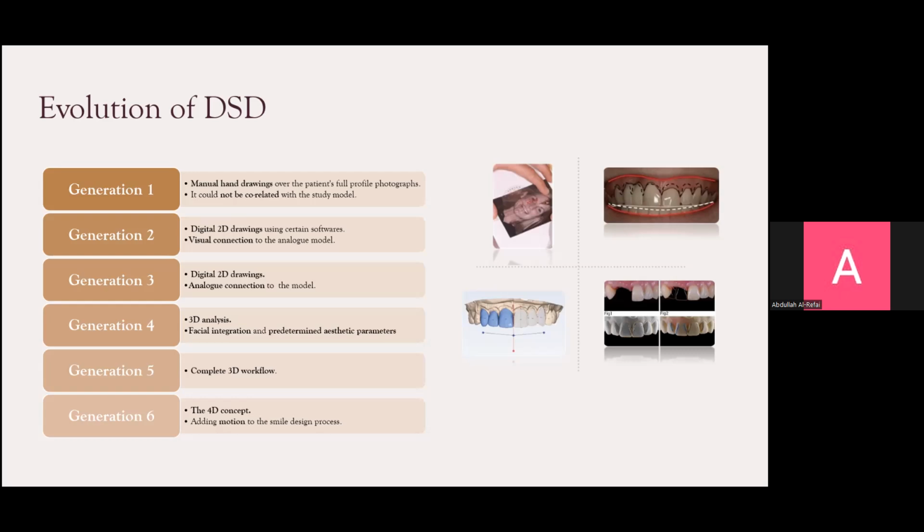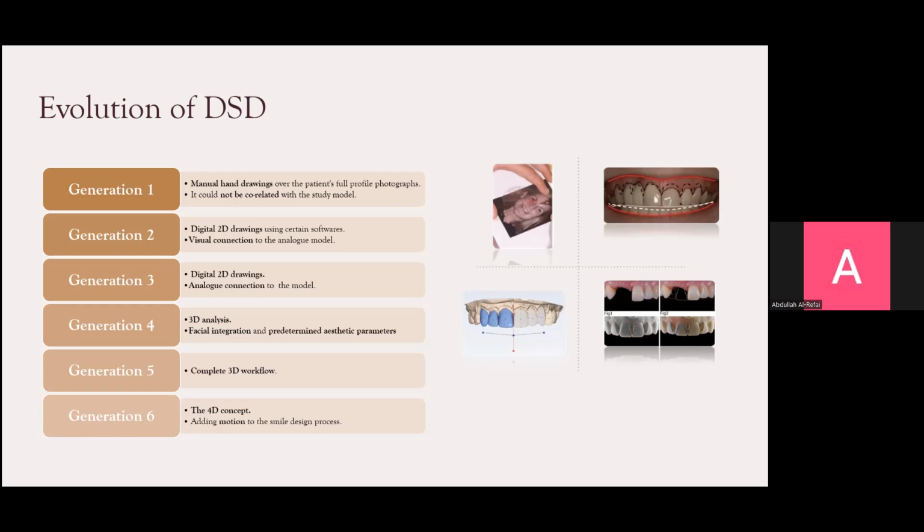In the fifth generation, the innovation of intraoral scanners and the ability to produce a 3D model results in a complete three-dimensional workflow. So here we didn't use the two-dimensional drawing. We use three-dimensional designing by using an intraoral scanner and producing a 3D model of the patient's arch.